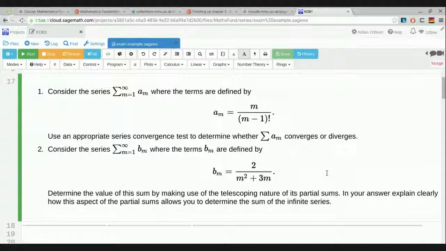You're asked to decide whether it converges or diverges, and the second part is another one of these telescoping examples. Okay. Now that first example, it's the question from 2014. So you can see these examination papers if you follow the exam papers link on the Moodle area.